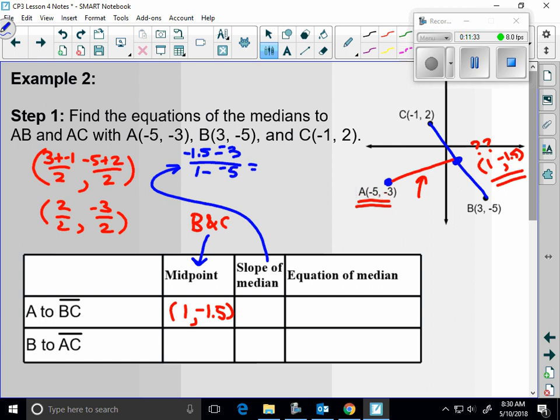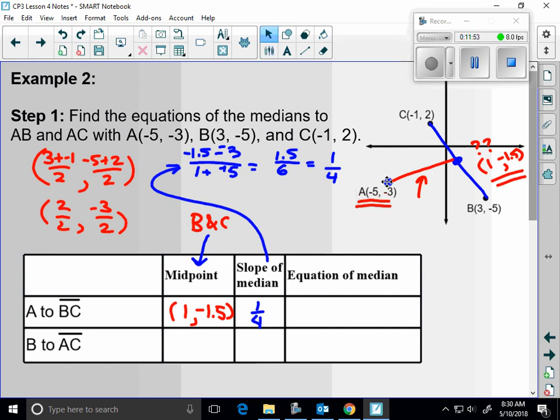So negative minus a negative, so that'd be plus, so that'd be 1.5 over, what is that, 6? Yeah, 6. If you reduce that, that comes out to be 1/4. So I have a slope and I have a point.